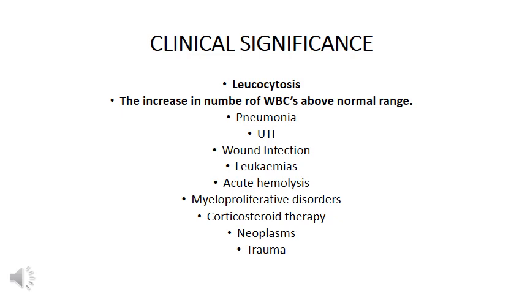It can happen in pneumonia, UTI, wound infection, leukemias, acute hemolysis, myeloproliferative disorders, corticosteroid therapy, neoplasm, and traumas. So you should keep in mind leukocytosis and some conditions in which it can occur.